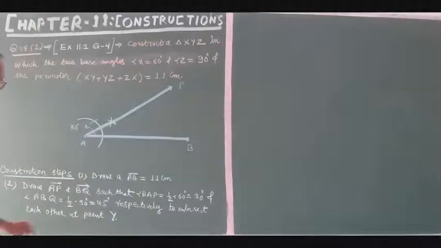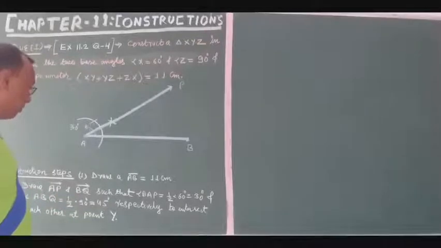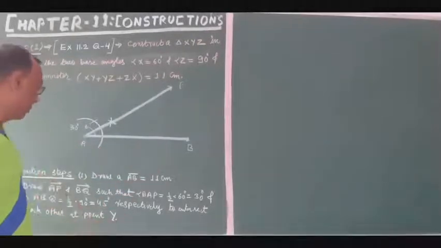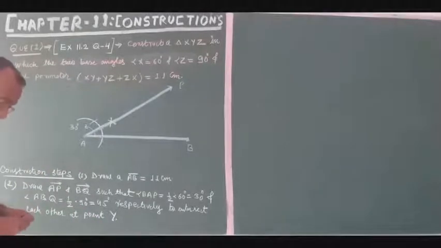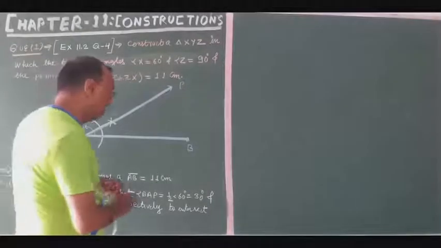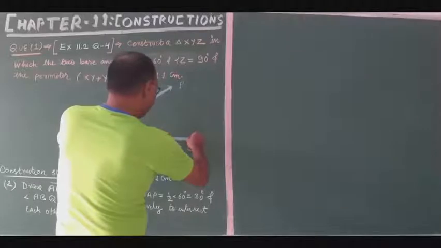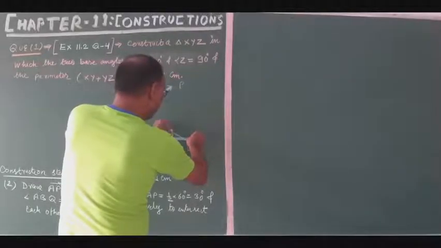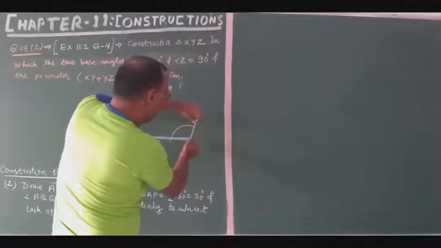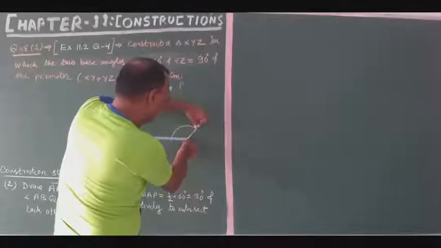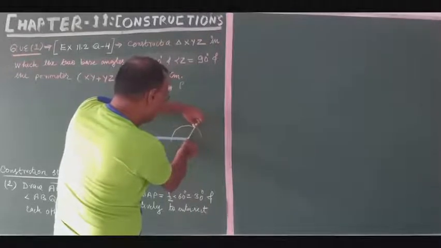And at point B, we will consider the ray BQ such that angle ABQ should be how much? 45. So for 45 degree, what we will do first? We will put the compass here and in this way we will cut off this arc.